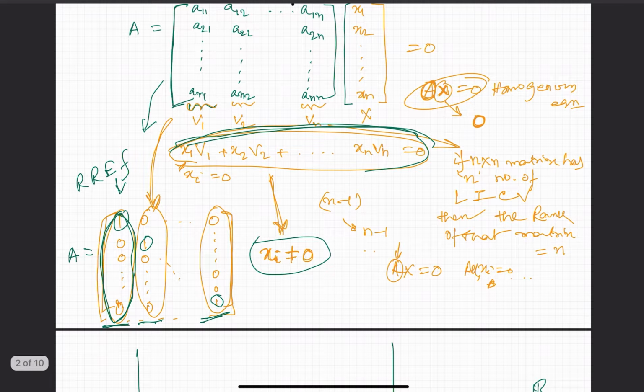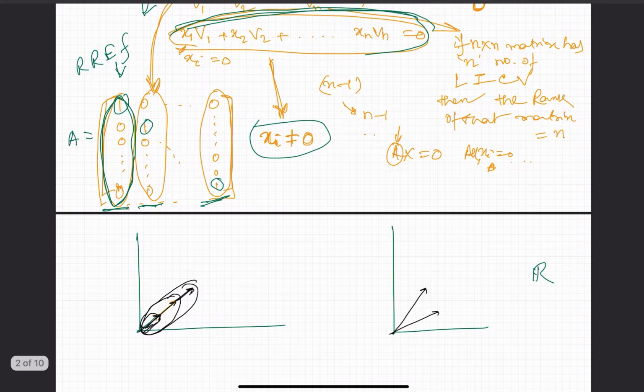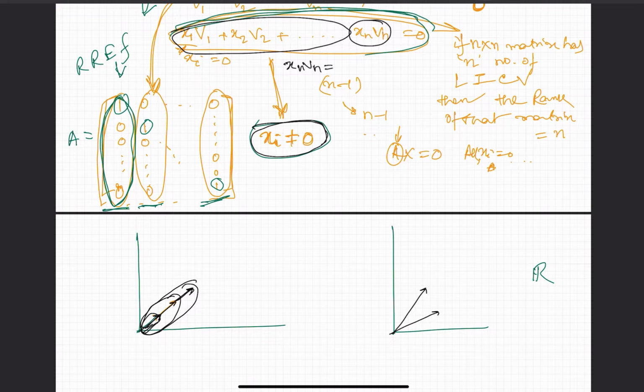Like we can say here that xn vn will be a scalar multiple of all the vectors except vn, and at least one xi is not equal to 0.